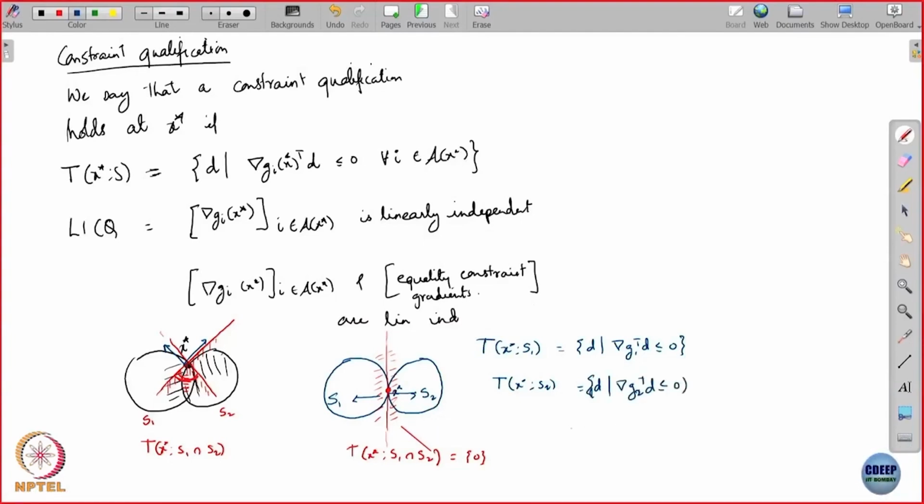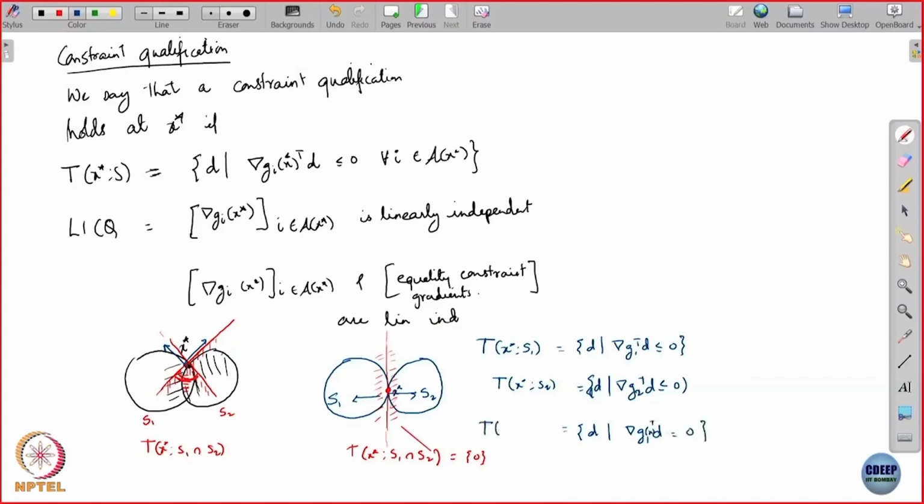But if I look at the common region of these two, because the gradient of G1 and the gradient of G2 are collinear, the common region is simply the set of D such that the gradient of G1 transpose D is equal to 0.